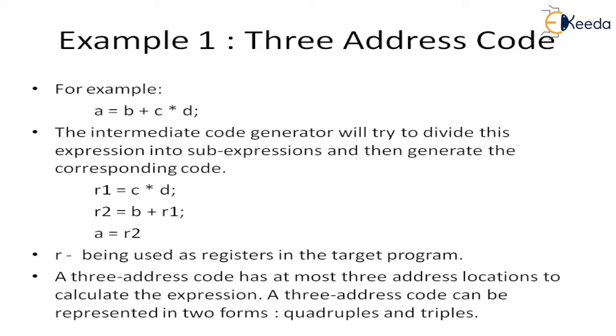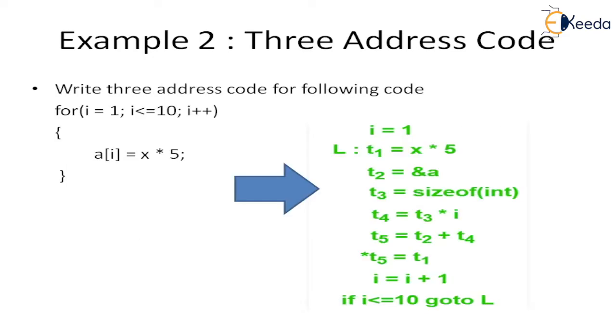After that, register 2 = B + register 1, which contains C * D, and then A = R, where R is the register in the target program. A three address code has at most three address locations to calculate the expression. These are generally represented by two representations, namely quadruples and triples.